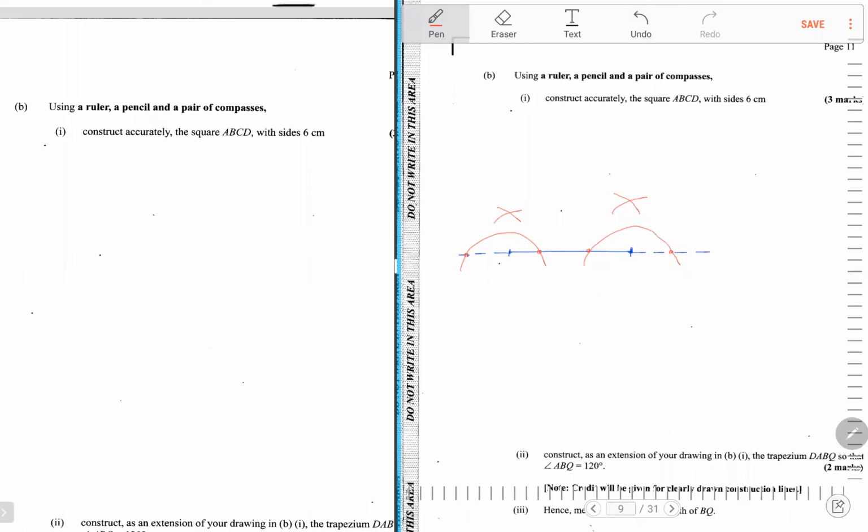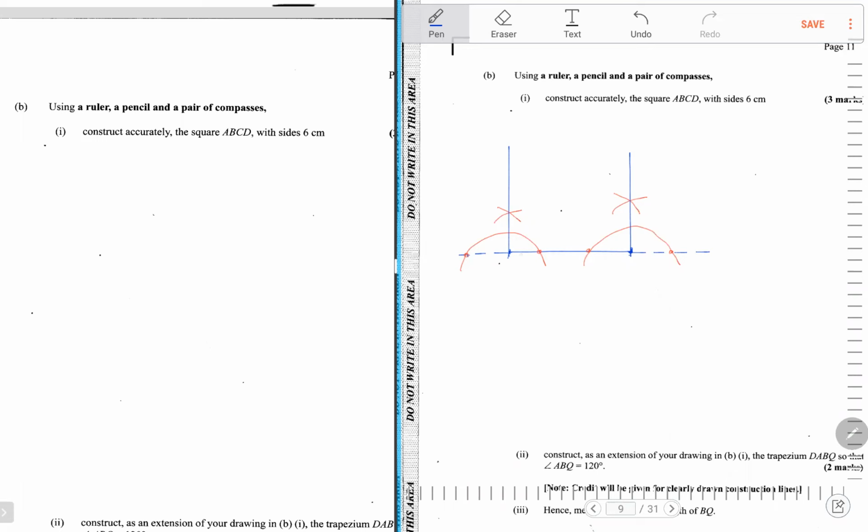And then all you have to do now is use your ruler and draw a straight line through the intersection here, and measure 6 centimeters. And you do the same thing, draw the straight line through the intersection here, and use your ruler to measure 6 centimeters.